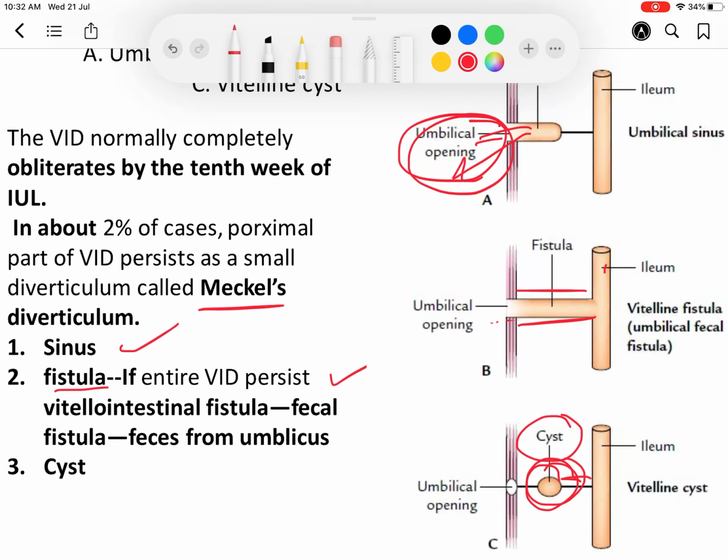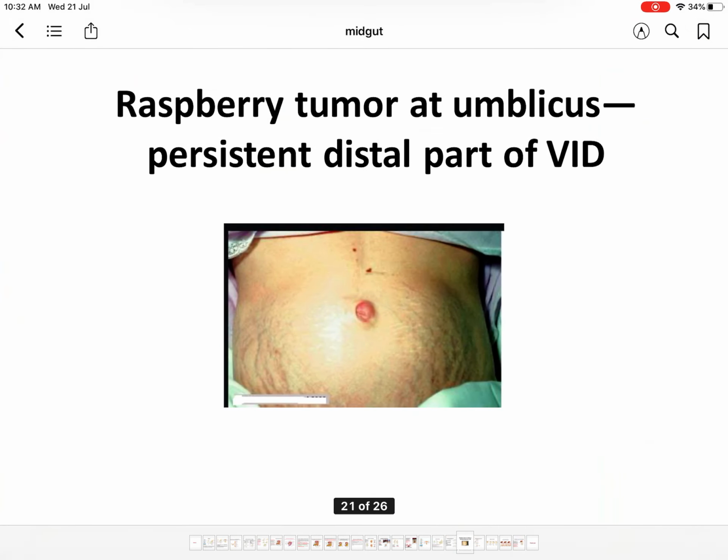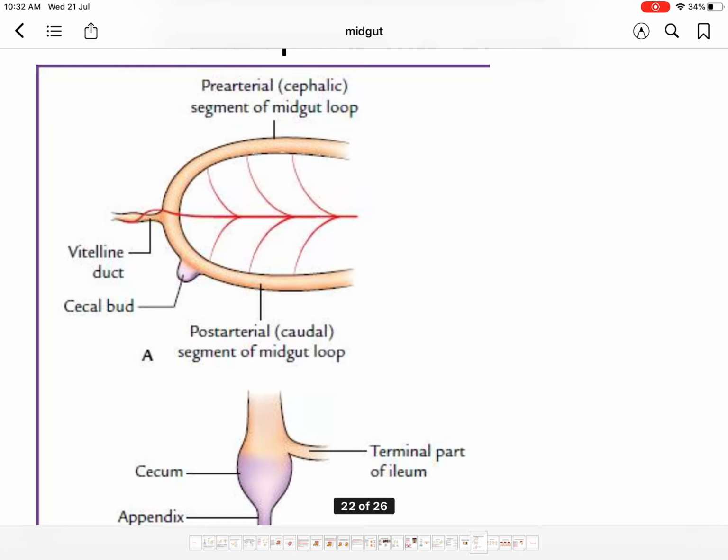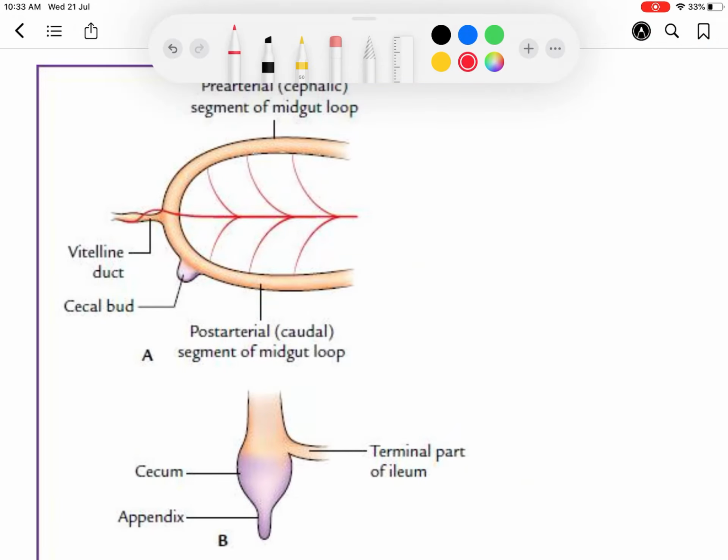And if the whole vitellointestinal duct is persisting, it will form the vitelline fistula, vitellointestinal fistula, also called fecal fistula. And sometimes a raspberry tumor is present at the umbilicus, which represents the distal persistent part of the vitellointestinal duct. This is raspberry tumor at umbilicus.